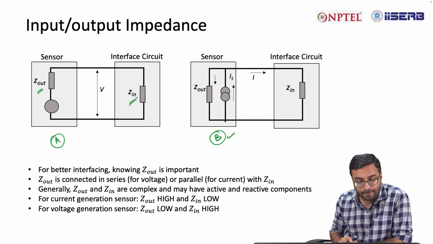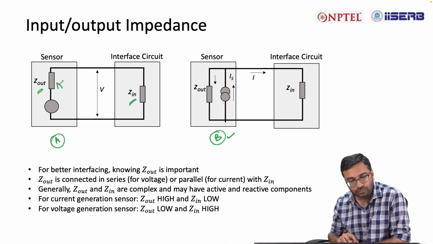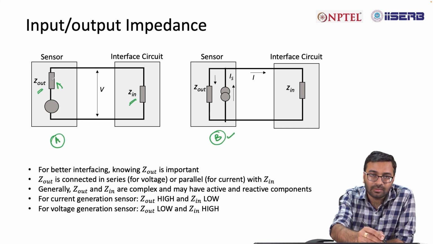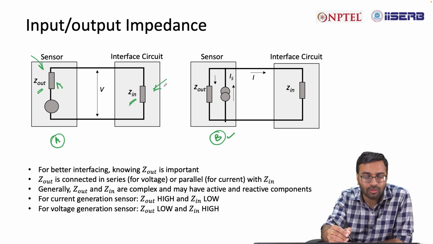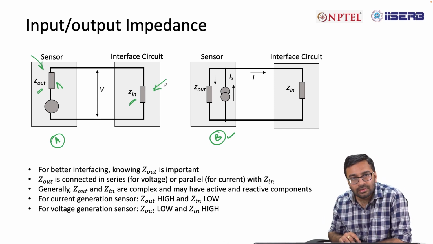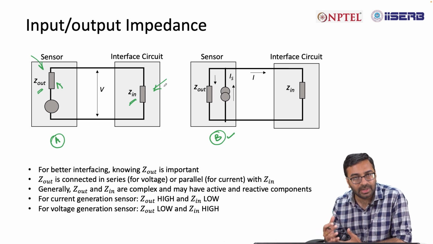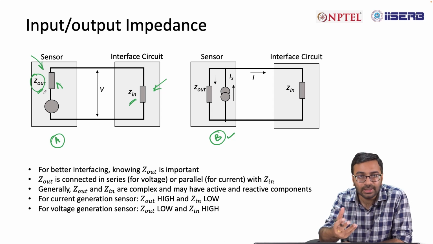Secondly, the Z out in this case should be low, because if the Z out is very high, most of the voltage will again drop in the sensor itself. Here you won't find the output from the sensor. So it's better if you use a low Z out for a voltage generating sensor.